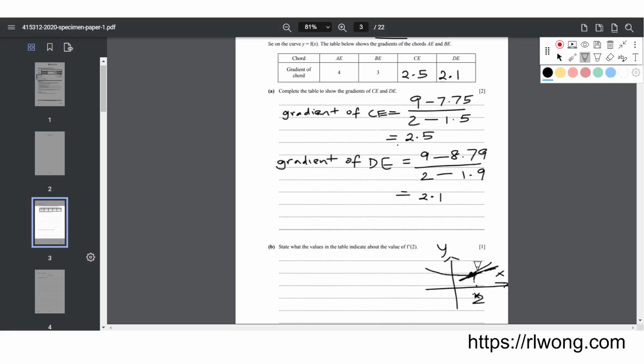When the other point on the chord has an x coordinate almost the same as 2, it equals the exact gradient at x equals 2.